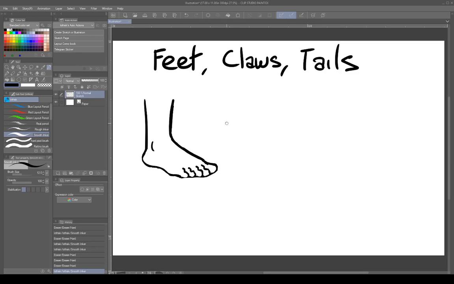When you're first attempting to draw feet, a lot of people will draw blobs or boxes, like you've probably done as a kid, boxes that represent human feet. That's all well and good, but when you get down to forms, it's a lot more complex because there are tons of bones in the feet.